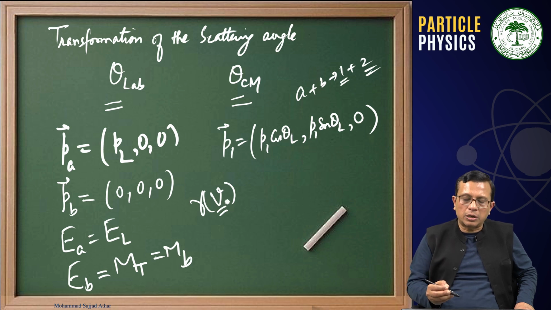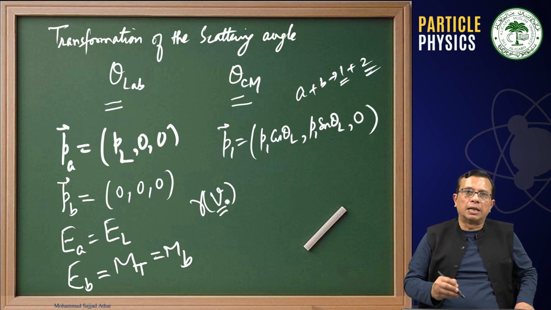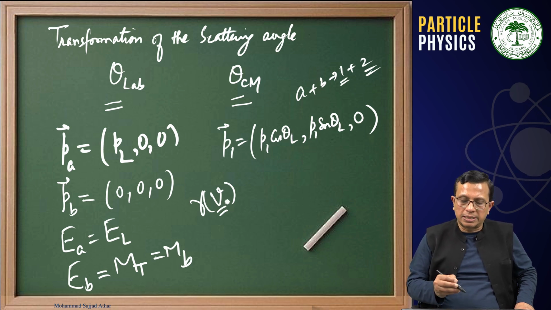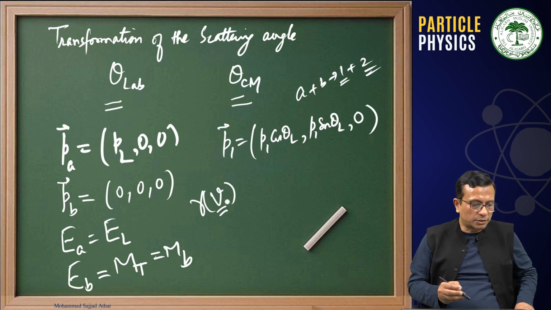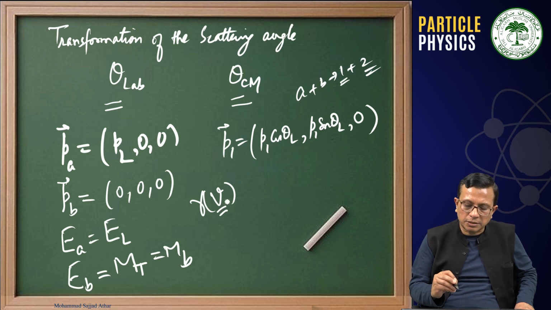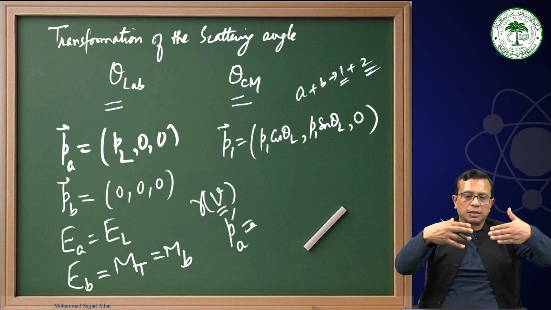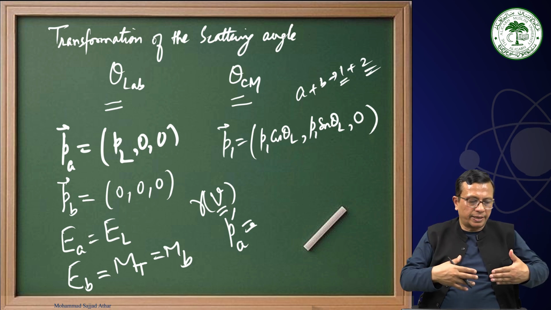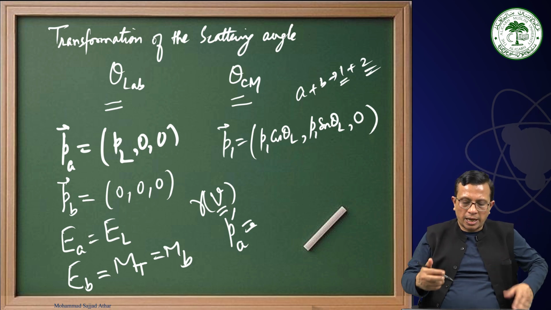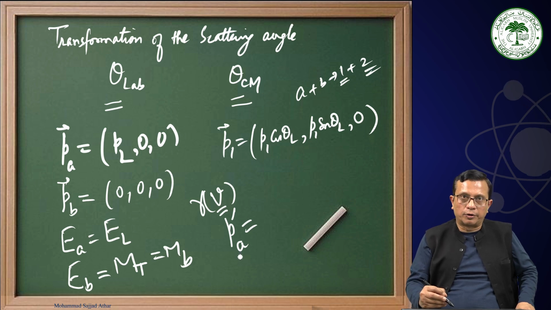Once we know gamma V, we will be able to tell the corresponding quantity in the center of mass frame. If you recall from the previous expression, in the center of mass frame both particles come from opposite directions, and here we are talking about PA prime.